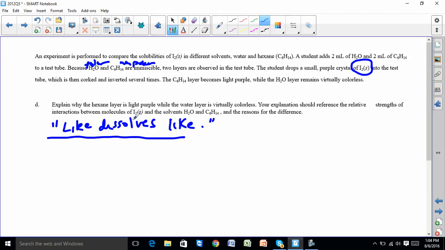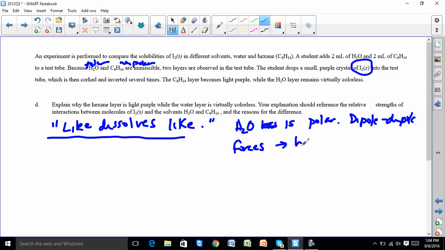well, I would say that, let me just say this, H2O, this is just background for you, it is polar, hugely polar. It has dipole forces that are particularly strong hydrogen bonds.